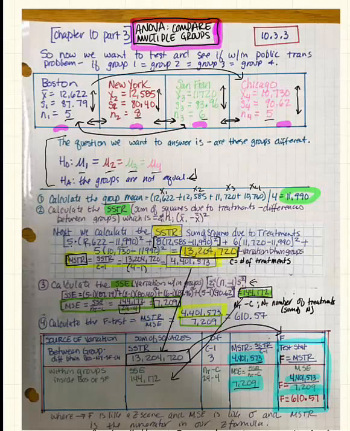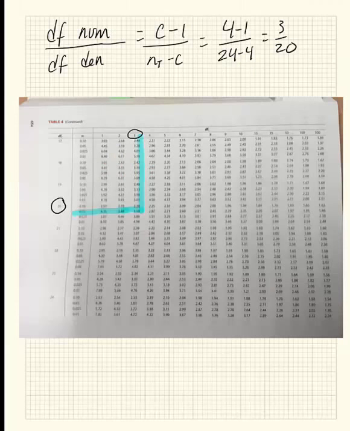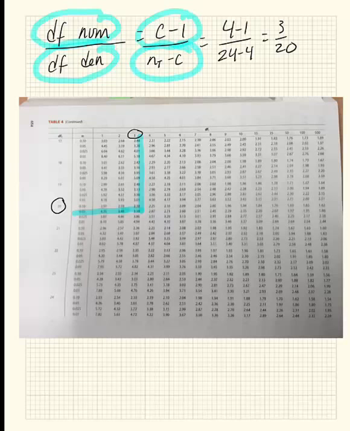So let's just go ahead and take a quick look at the critical value. You can see here I went ahead and put a copy of the page so you can see it. When you look up an F critical value, you need the numerator degrees of freedom and the denominator degrees of freedom. So numerator degrees of freedom is always going to be C minus 1. Denominator is NT minus C, which is the same as the previous page.